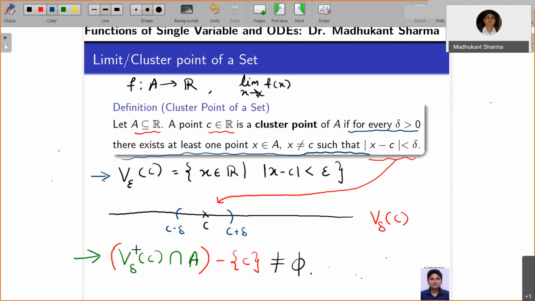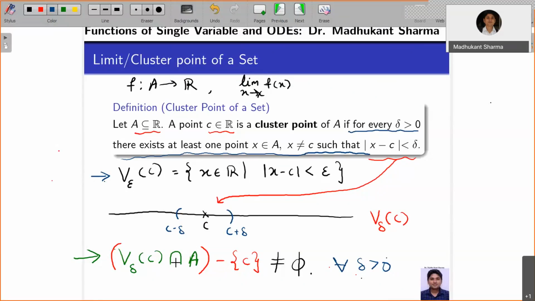And if you want to write the mathematical form, it is going to be like this. So V delta of c, which is the delta neighborhood of c, intersection with A, and you take the difference with the singleton set {c}. This set remains non-empty for every delta positive.